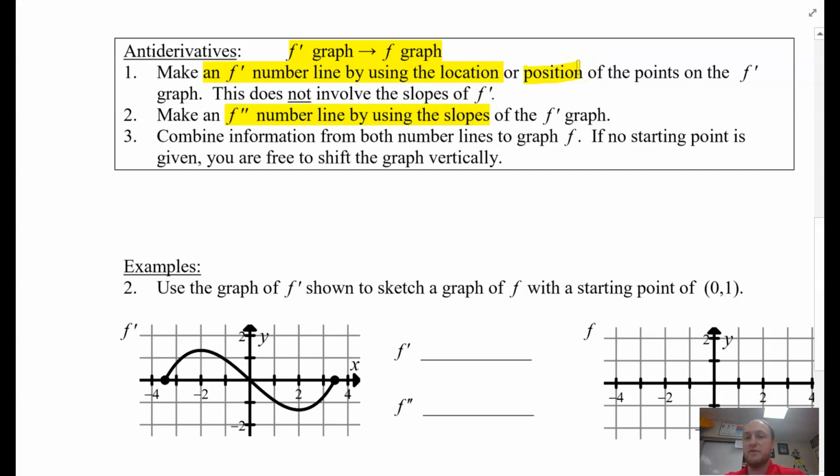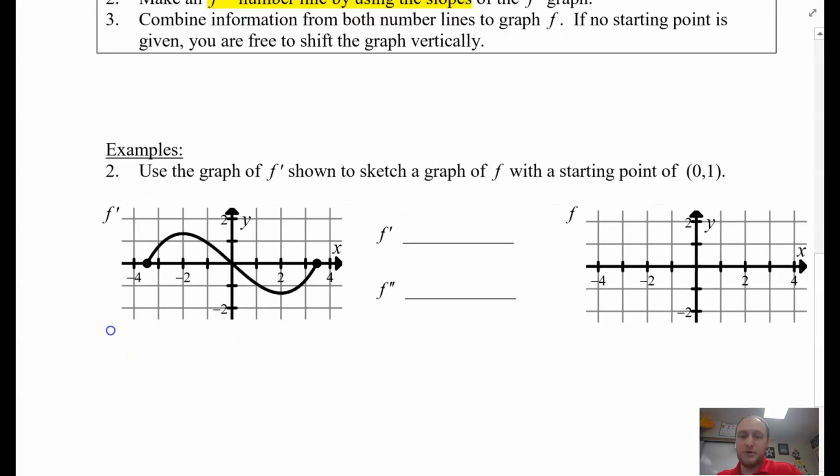This does not involve the slopes of f prime; slopes factor into it not at all. Then we'll make an f double prime number line by using the slopes. So we only look at position first, then we look at our slopes. Then number 3, combine the information to give us our graph of f. Note, if no starting point is given, you are free to shift the graph vertically, and we'll talk about that in example 2.